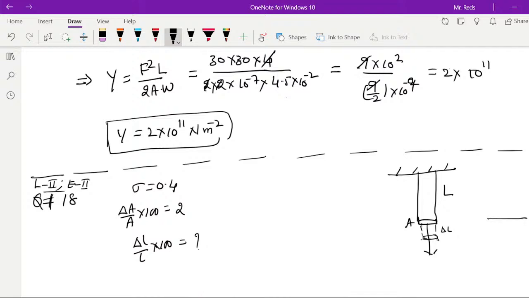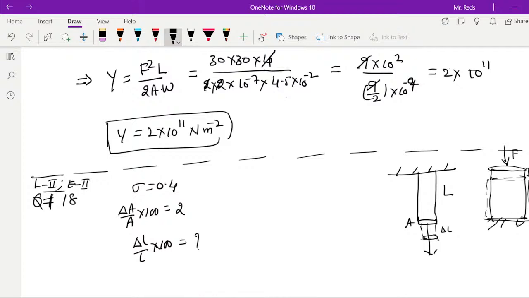Otherwise, if you have a wire with a rigid support and force acting on it, with initial length L, and on applying this force the length decreases by delta L, then the area may slightly increase. They are inversely related: if length increases, area should decrease, and if length decreases, area should increase. This is called elongation, and this is called compression. To understand the meaning of this, I have given you this relation. Now, how to find the direct relation? You can use it.